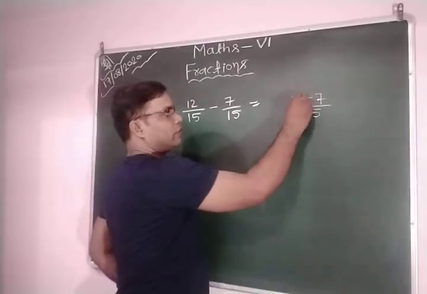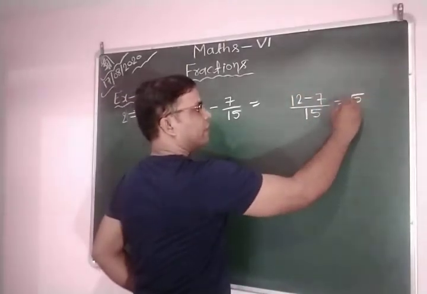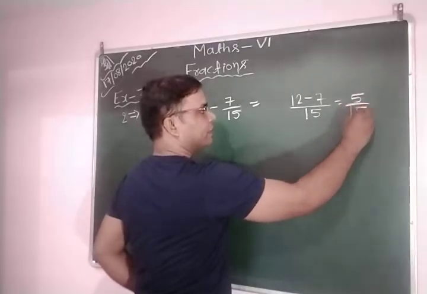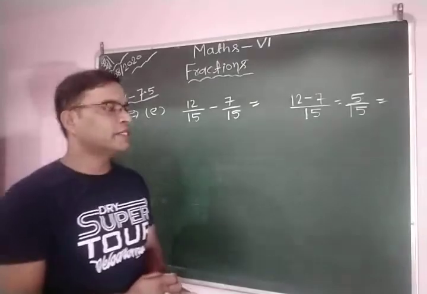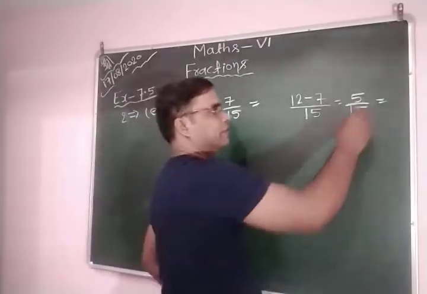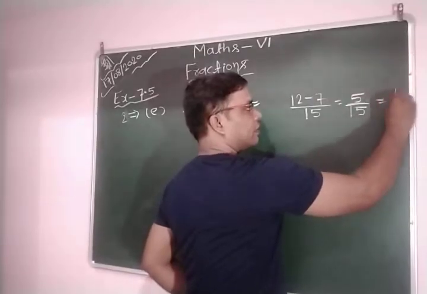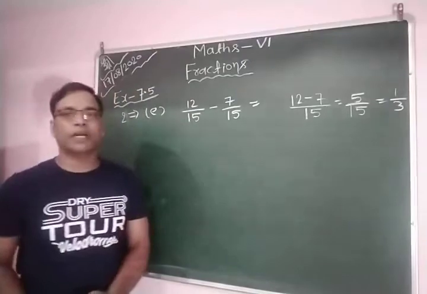So 12 minus 7 is equal to 5 by 15. So you can simplify 5 by 15. 5 times 1 is 5 and 5 times 3 is 15. Okay. So this is our required result.